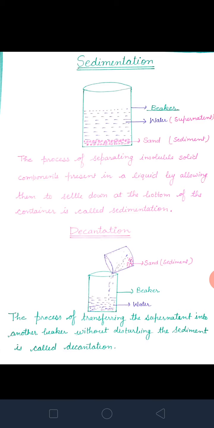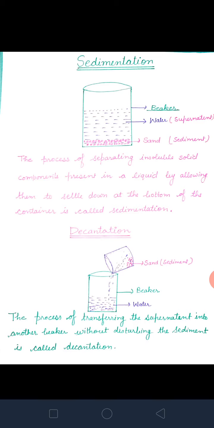As you can see in this diagram, first we have taken a beaker, then filled it with water, then put some sand particles in it. Then we keep it undisturbed for some time. What will happen? These sand particles will settle down at the bottom.